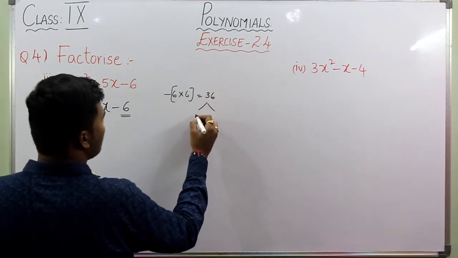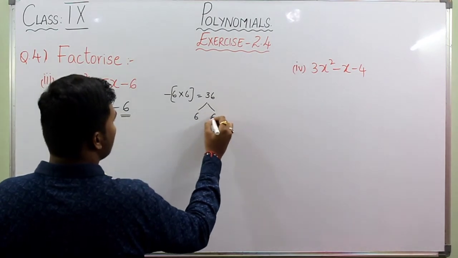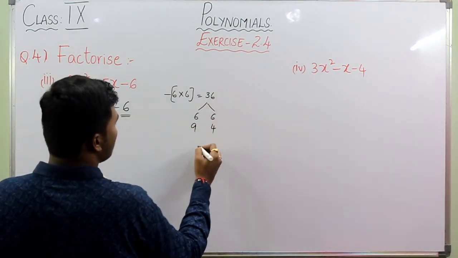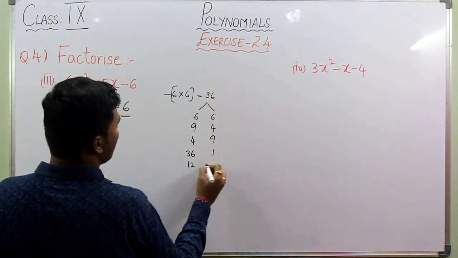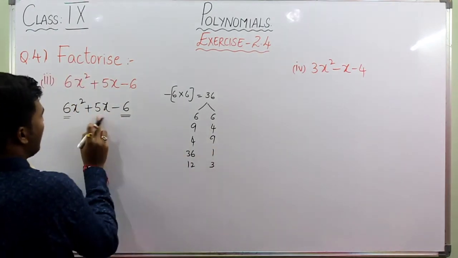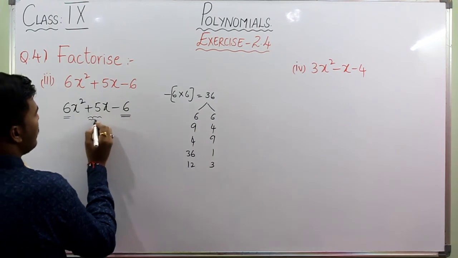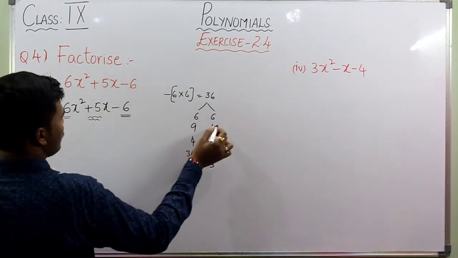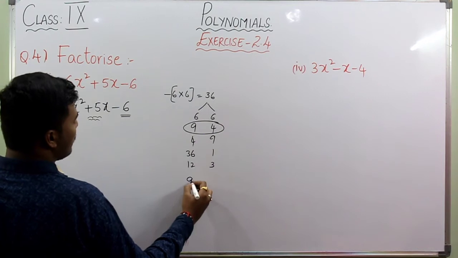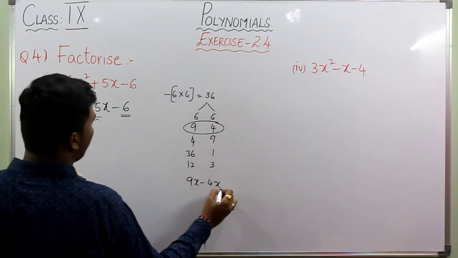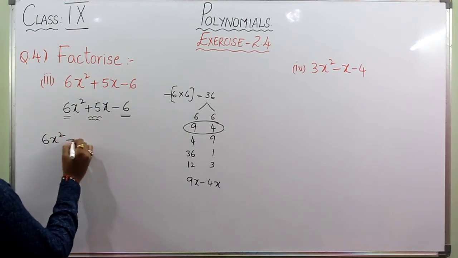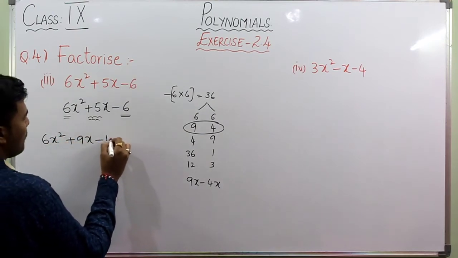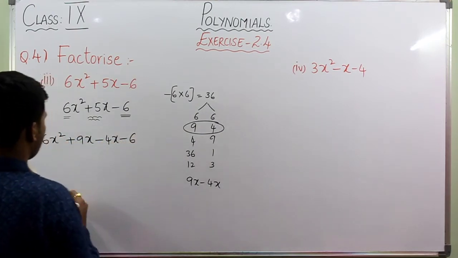Factors of this are 6 and 6, 9 and 4, 4 and 9, 36 and 1, 12 and 3. In that, select a pair which will give you the middle term as 5. So I am selecting 9 and 4. 9x minus 4x will give you 5x. So I am splitting it as 6x square plus 9x minus 4x minus 6.